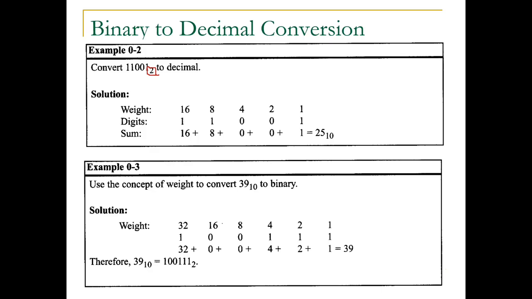As in a decimal number, the first digit is multiplied by 10 to the power 0, the second by 10 to the power 1, the third by 10 to the power 2.